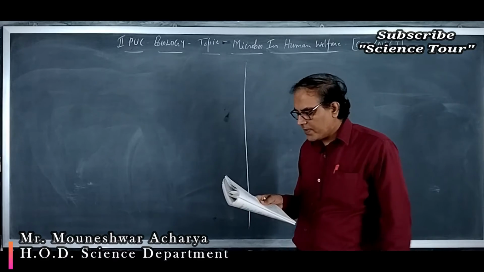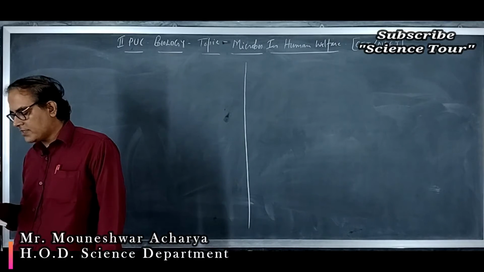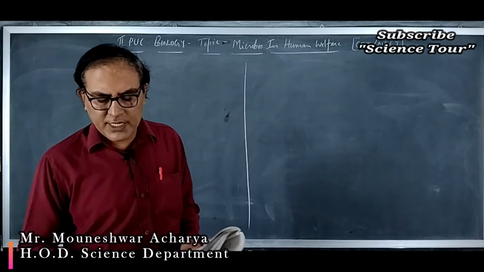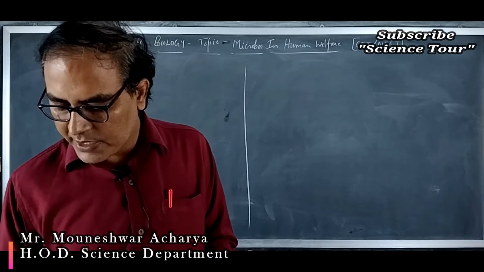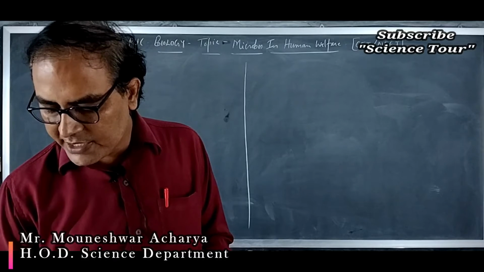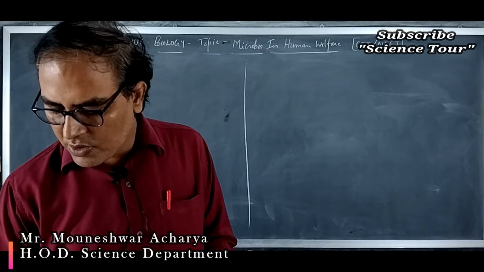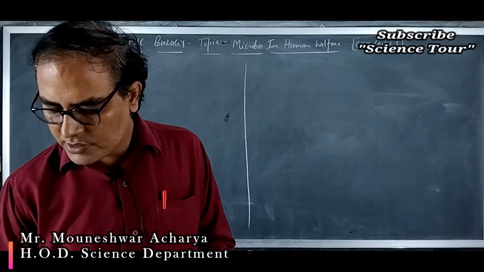Microbe used for the biocontrol of pest butterfly caterpillar is, yes students, you are right, option C, Bacillus thuringiensis. In short it is called as BT. So that can be introduced in order to control the butterfly caterpillars.